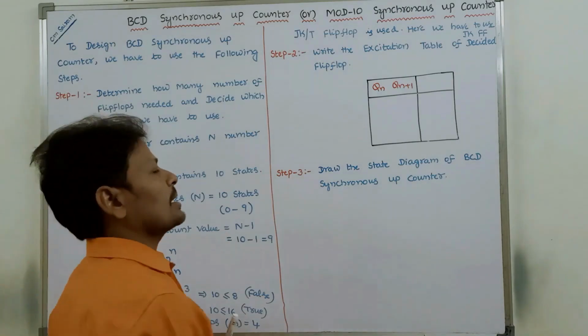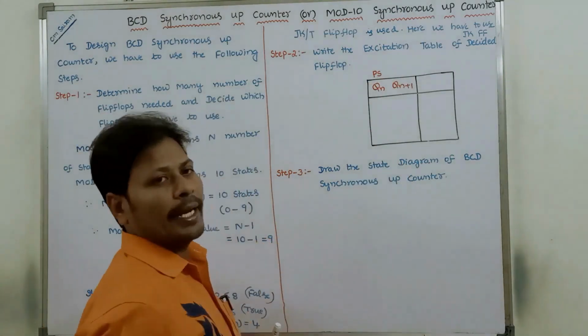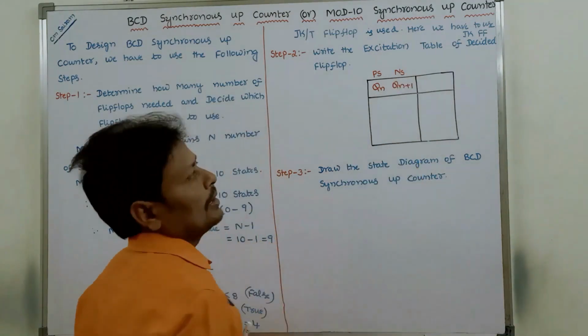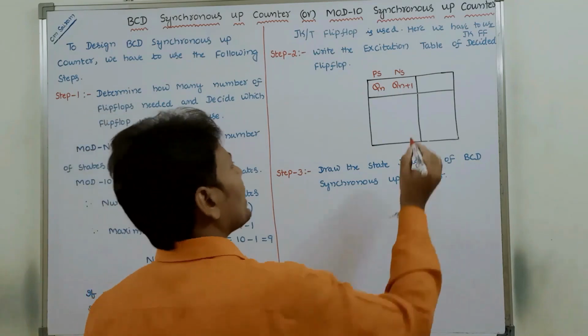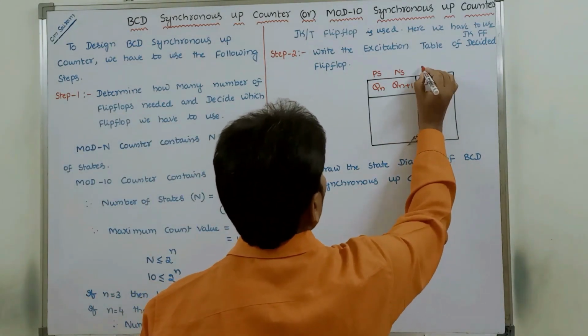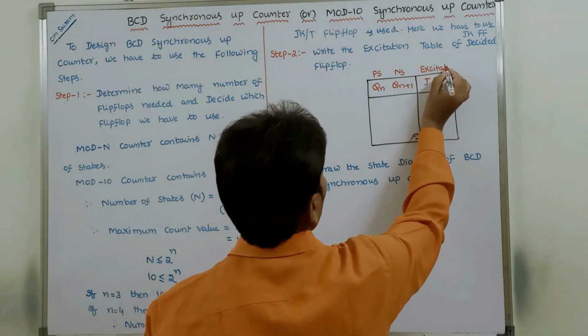The present state is Qn and the next state is Qn plus 1. Next, the excitation inputs are J and K. These are called excitation inputs.